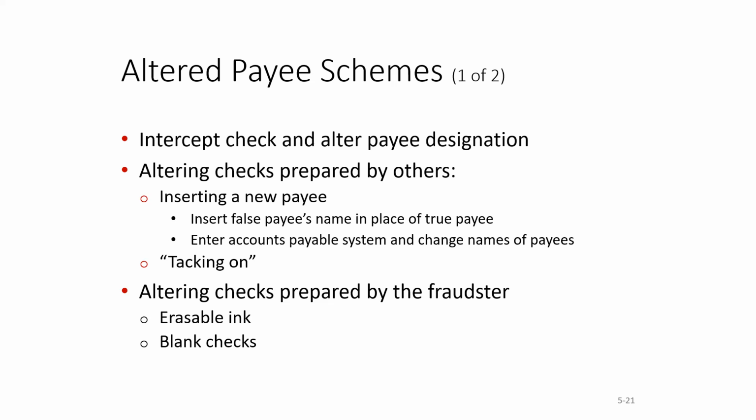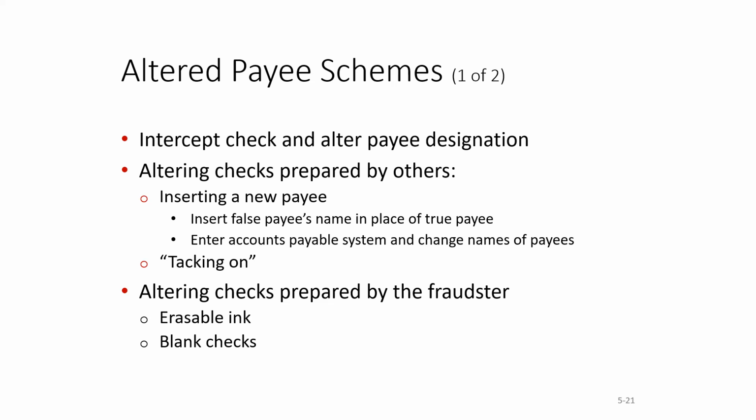So we think we're paying one person, but we end up paying another, or tacking on. So maybe the vendor's name is ABC, and then our fraudster creates a fake company to ABC something else, and then they can tack that on.